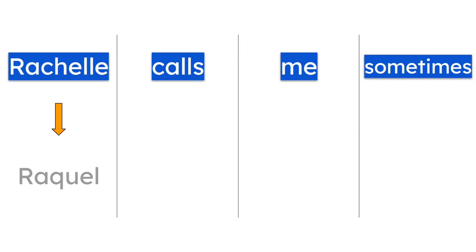And since Rachel is the third person, that means Rachel is she, that suggests that we have to conjugate llamar with ella. The right conjugation would be llama. Oh no, there's a mistake. No, this is not a mistake. This is how it works.